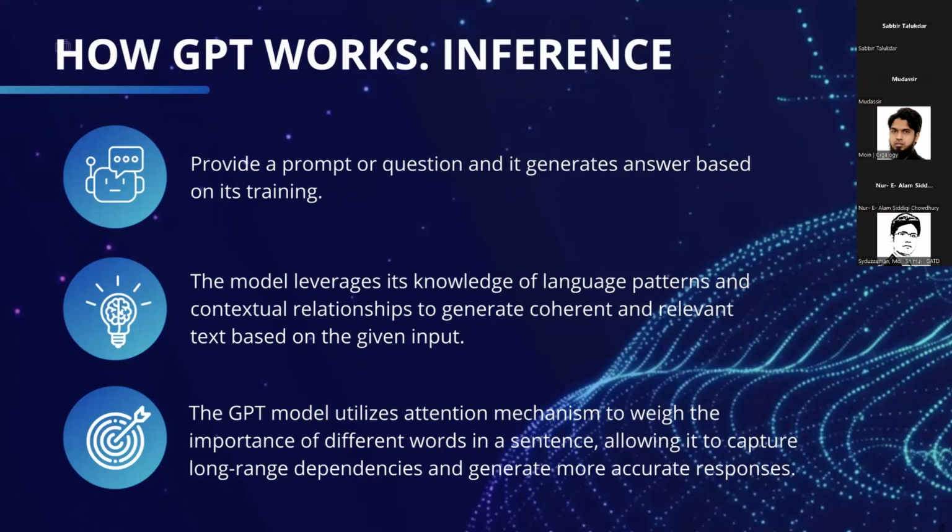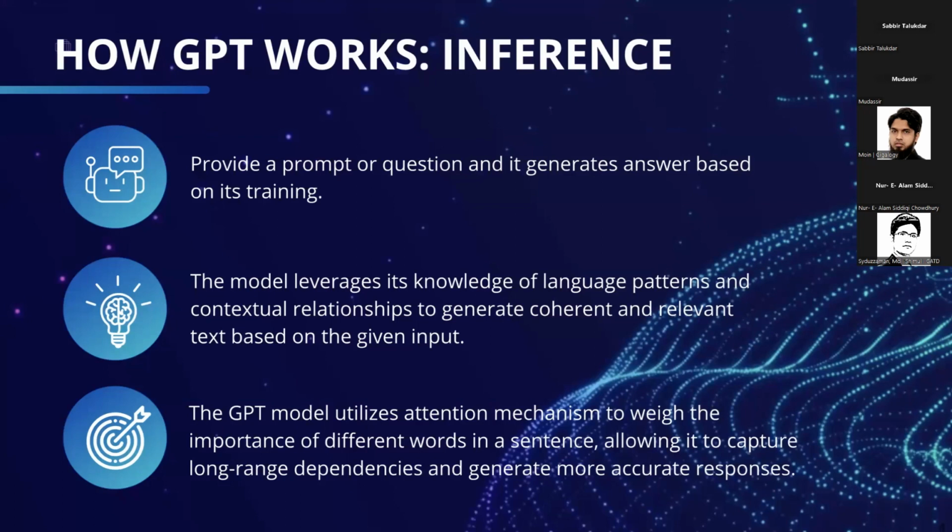We also call it a prompt. At this stage, the model leverages the knowledge and the patterns it learned during the training and fine-tuning process, and tries to produce the best answer possible.